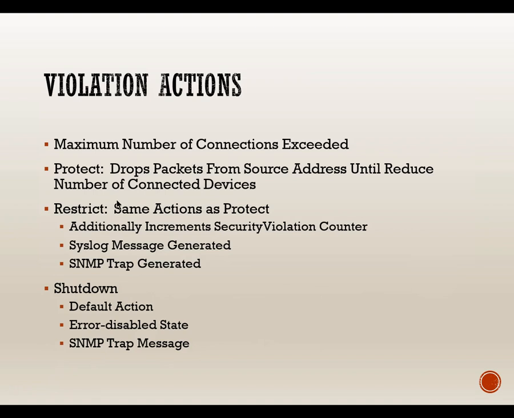Protect drops the packets from the source address until we reduce the number of connected devices or get the correct one there. So it just drops the packets. Restrict does the same thing as protect, but it increments the security violation counter and sends a syslog message, and an SNMP trap is generated, so it'll give us a notification in addition to dropping the traffic.